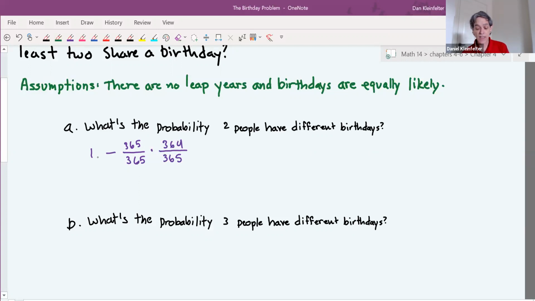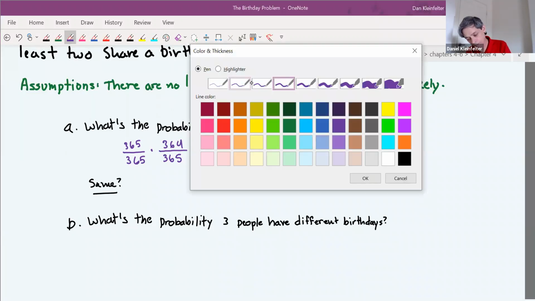Taking 1 minus that would be the probability that their birthdays are the same. So this is the different birthdays part, and then here the same. That will be the 1 minus piece.